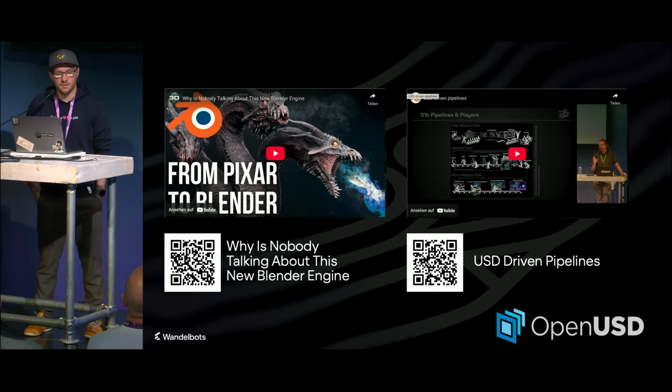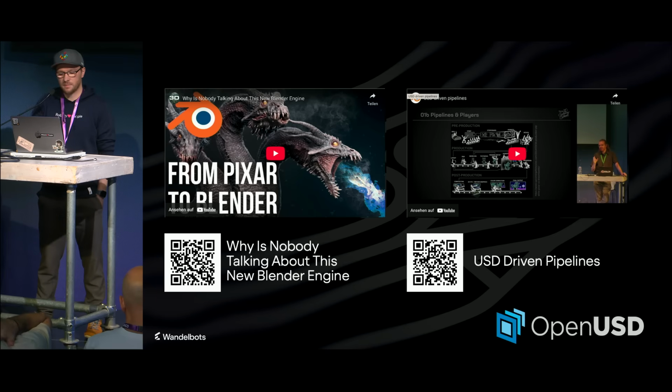I'm not going that deep into OpenUSD because it's quite a technical topic. I brought you here those two YouTube videos. You can just watch them, especially the USD-driven pipelines. It's a BlenderCon talk from a couple of years ago, which goes really deep into OpenUSD. And the first video explains why Hydra Storm has changed with Blender 4.0.